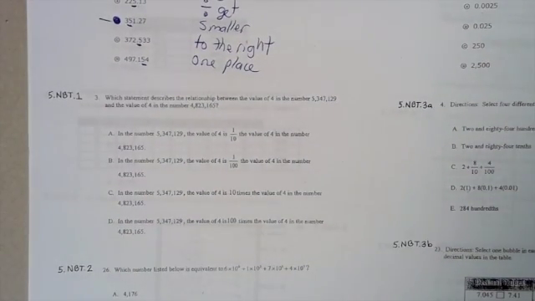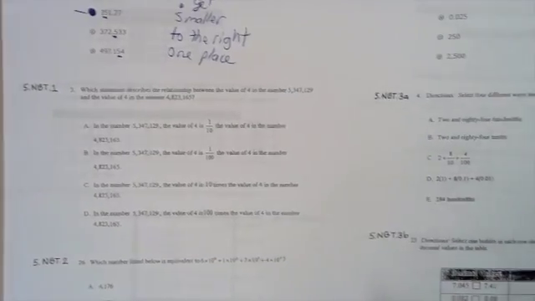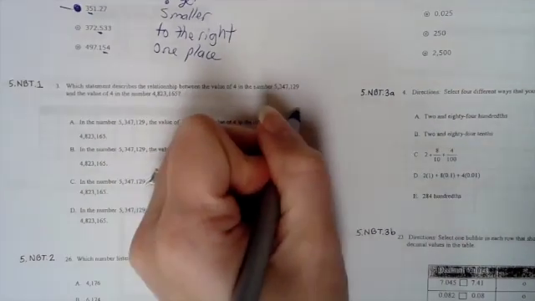Which statement describes the relationship between the value of the 4 in the number 5,347,129 and the value of the 4 in the number 4,823,165? We need to take these two numbers and line them up to compare their values.